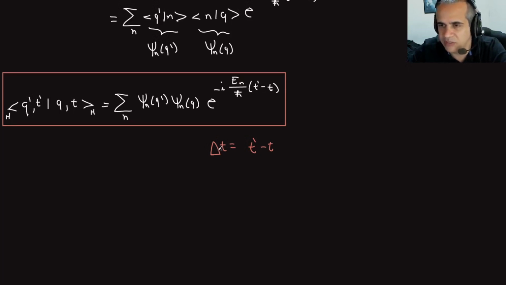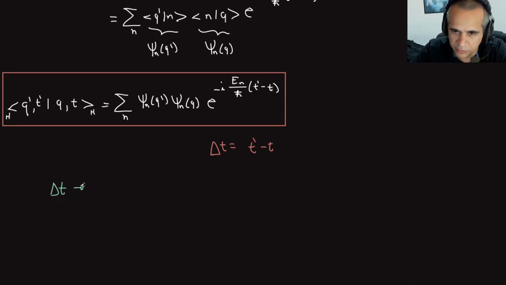But I'll continue this analytically and make the following rotation in the complex plane. I'll take delta t and substitute it for minus i t Euclidean. The reason I'm calling this a Euclidean time will be clearer later. For now, it's just changing variables. And that is what is called a Wick rotation.